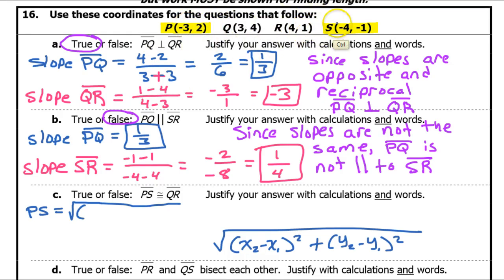Now the order really doesn't matter. I guess I'll just keep doing x2 minus x1. So I'll have negative 4 minus negative 3 squared. And now here comes y minus y. So negative 1 minus 2 squared. And I've got the square root of all that.